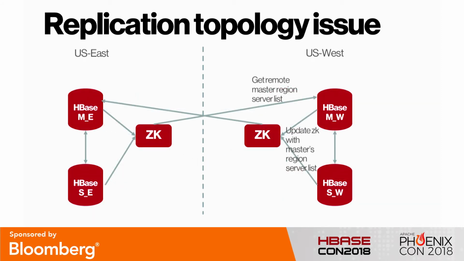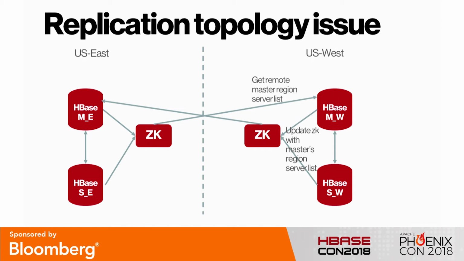So we have a new idea: we set up a ZooKeeper proxy in each cell, and in each cell we register the master's region servers to that ZooKeeper. Based on config, every time you do a failover, the master will update the ZK service with the master's region servers.